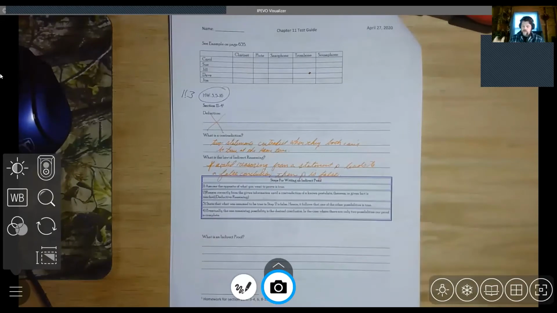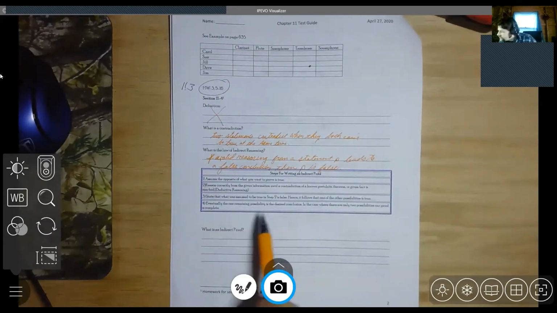So you start out with a statement, you use logic, definitions, theorems, postulates, properties. And if doing so takes you to a false conclusion, then your original statement must be false. That's indirect reasoning.